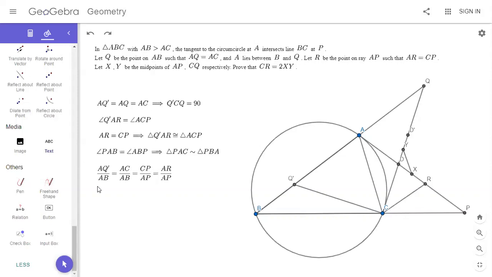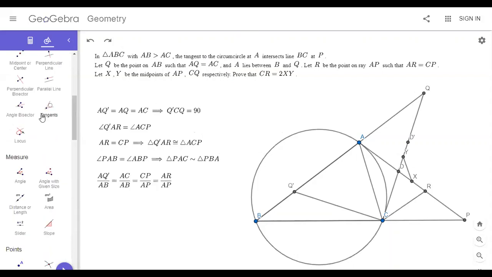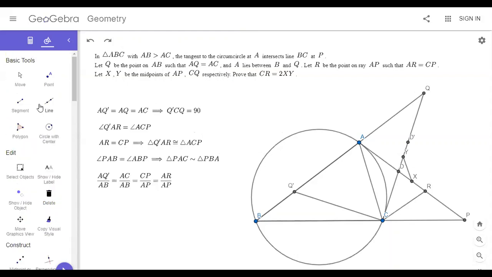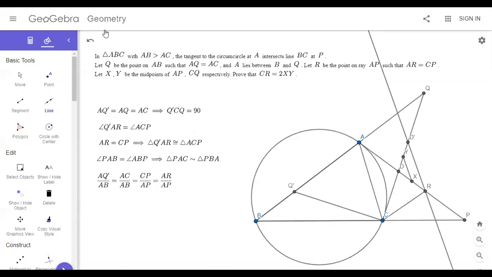D prime R intersect PZ. D prime R intersect BP. I'm just going to look at Loom's idea very quickly. ARBZ is cyclic.